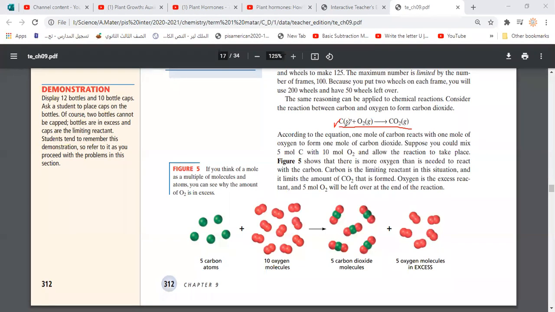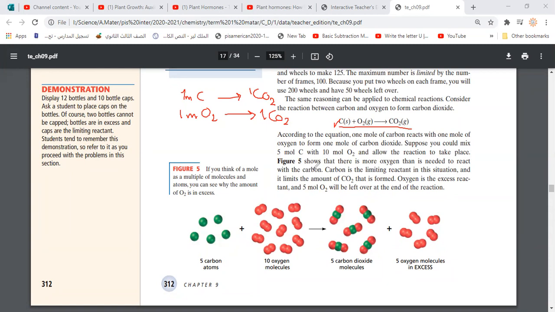How could we know that carbon is the limiting reactant? Simply, we find that 1 mole of carbon produces 1 mole of carbon dioxide, and 1 mole of oxygen also produces 1 mole of carbon dioxide. So the ratio is 1 to 1, carbon to carbon dioxide, or even oxygen to carbon dioxide.